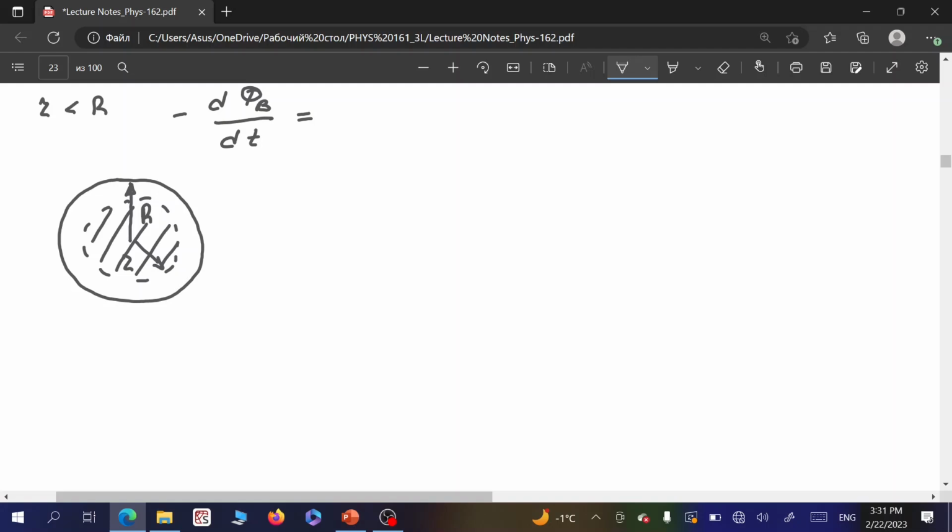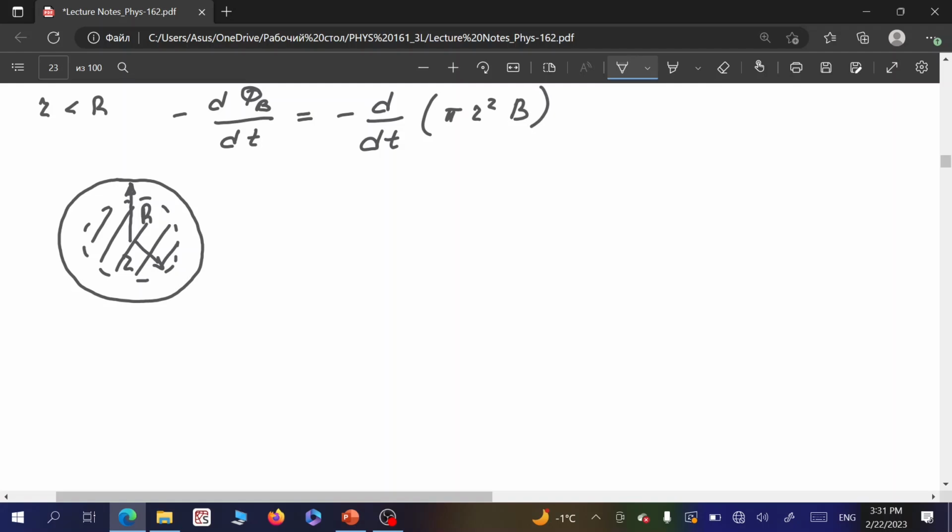So that's why we consider magnetic field flux as, sorry, we need area, pi times r small square times B.